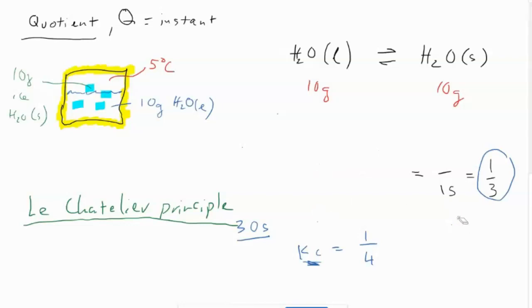Eventually, you end up with the equilibrium constant. Let's say after 30 seconds, you end up with that. Okay, and this means that at equilibrium, you should have 4 grams of this and 16 grams of this, right?